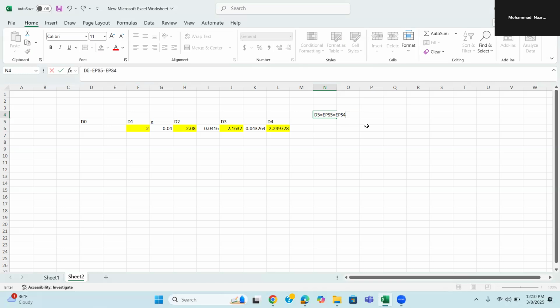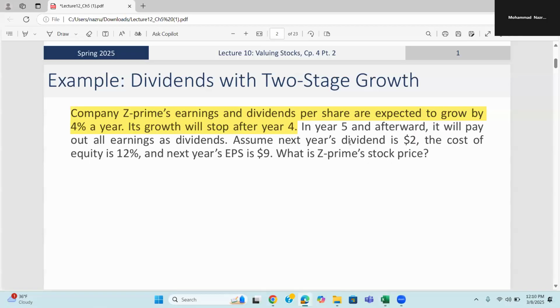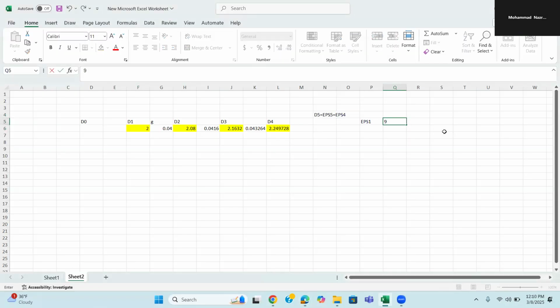So if you have EPS 1, like in the question where EPS 1 is 9, you see? Then what should be our EPS 4? For the period, if 1 is 9 and we want the value for 4, we just compound it by 1 plus 0.04 to the power of 3, right?